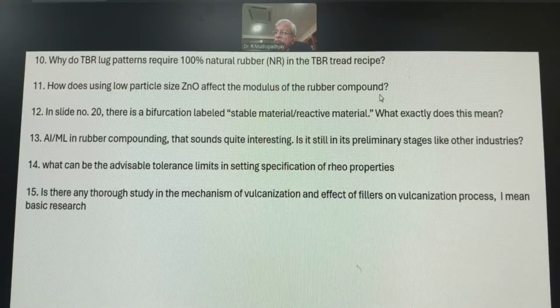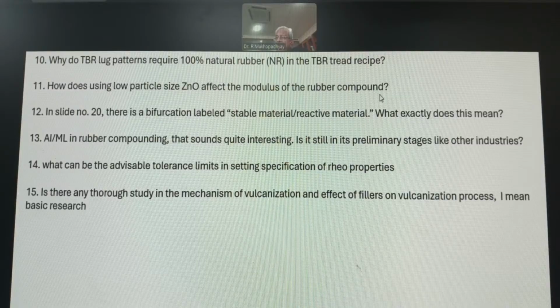The processing temperature is very, very important. Now suppose in the rheometer, generally you are curing the product at 140 degree centigrade, or 160 degree.